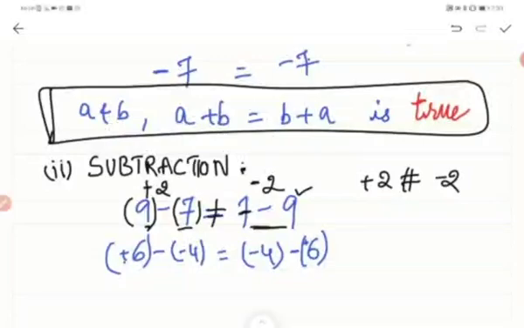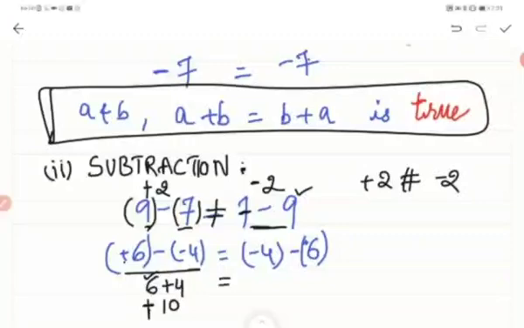We have plus 6 minus of minus 4. So what is the answer for this? It becomes 6 plus 4, right? So 6 plus 4 is what? 10. It is plus 10 because the sign is positive.